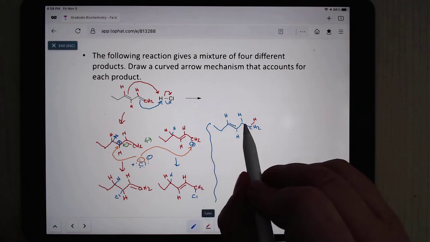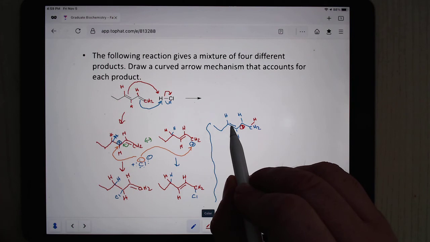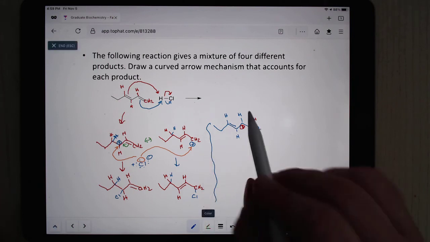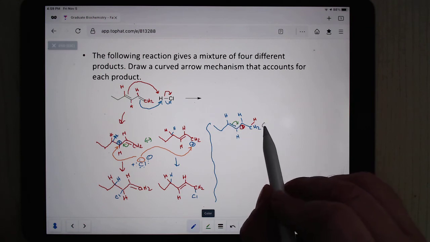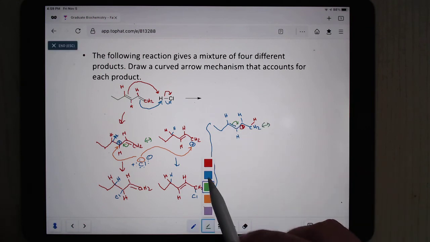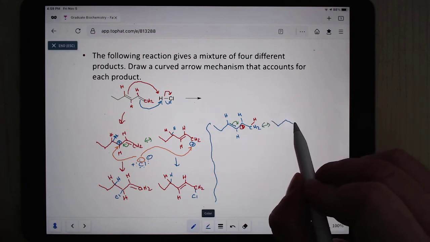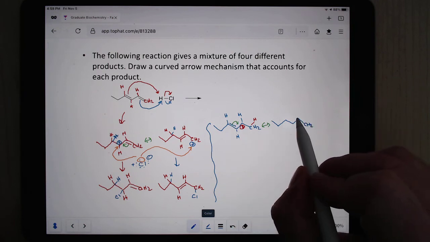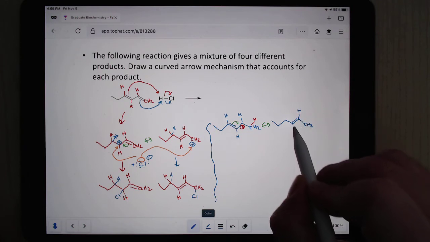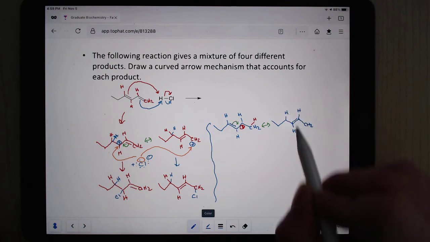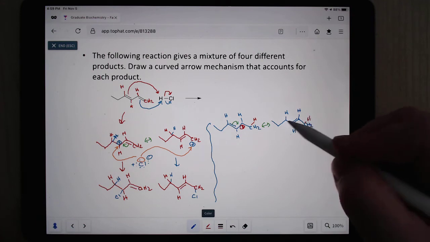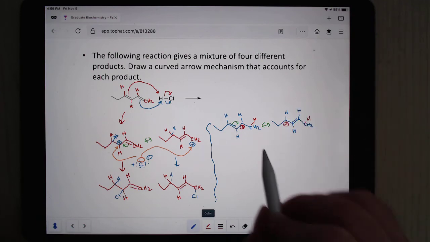You want to put the positive charge adjacent to that double bond so that we can get a nice little resonance structure. Right? We can move that over there. Oh, I forgot to put in the chloride.